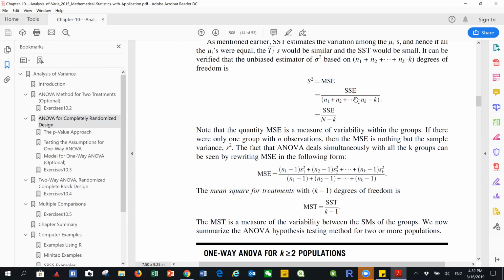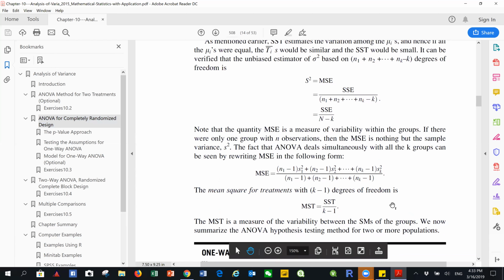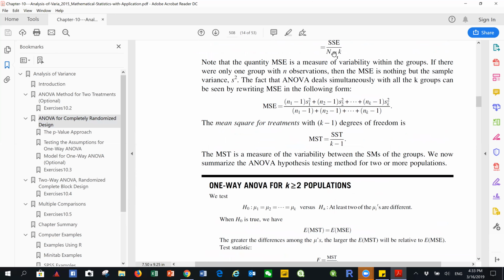The average is SSE divided by the degree of freedom. Since we have K treatments, it's m minus 1 minus K minus 1. So m minus 1 minus K minus 1 is the difference of the 2 degrees of freedom, and it ends up m minus K.